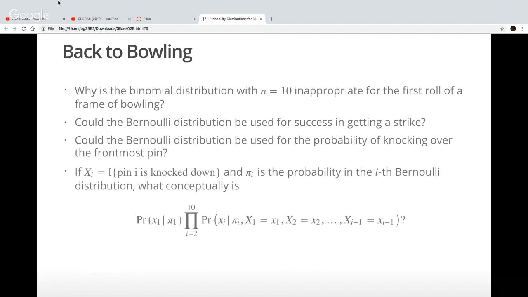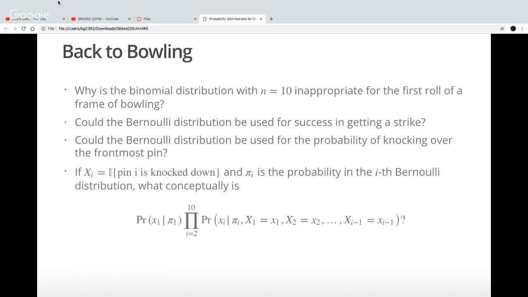So if we let xi be the random variable that's just yes or no, is pin i knocked down, and pi i is the probability of knocking down that ith pin in a Bernoulli distribution, what conceptually would be the expression that we have here? Probability of x1 given pi1 multiplied by the product of the conditional probability of the ith pin getting knocked down given its success probability and the realization of all previous pins being knocked down.